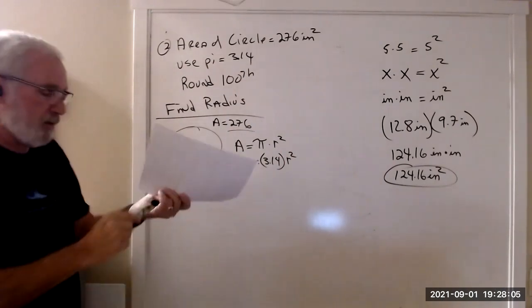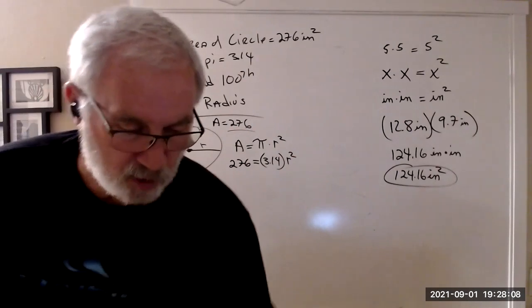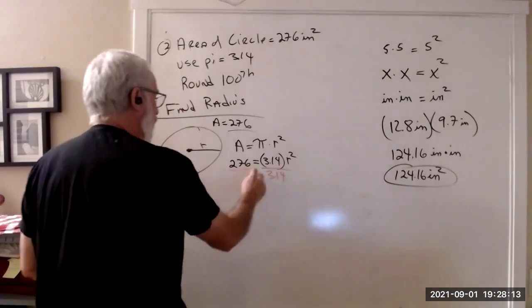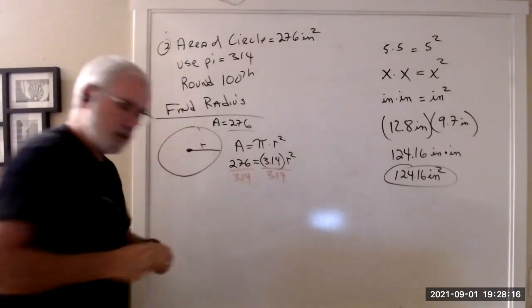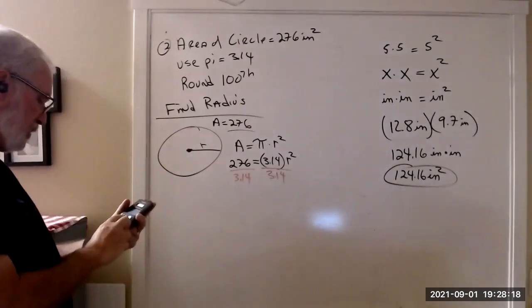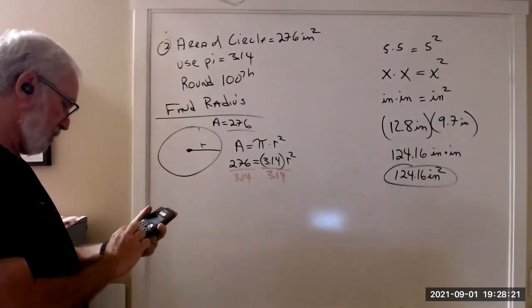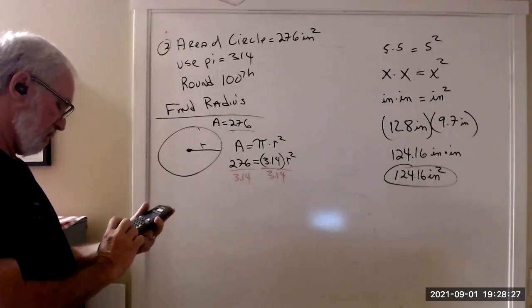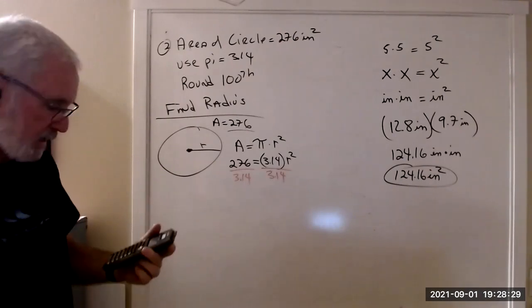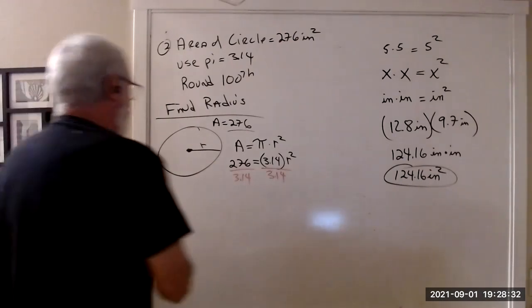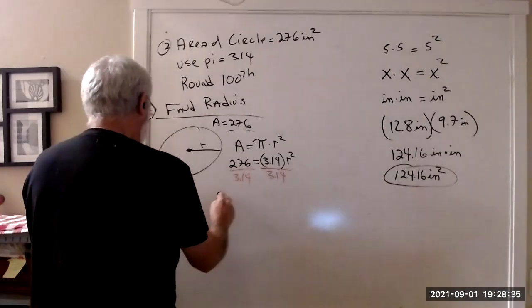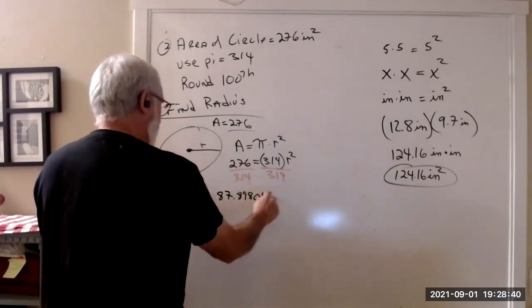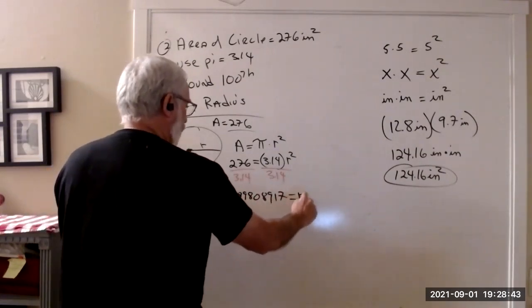So I want to solve. Now, this is a kind of an interesting problem. Mathematically, we're going to divide both sides by 3.14. So whip out your calculator, 276 divided by 3.14, enter, and I get, and I hope somebody can confirm, 87.89808917 equals r to the second.